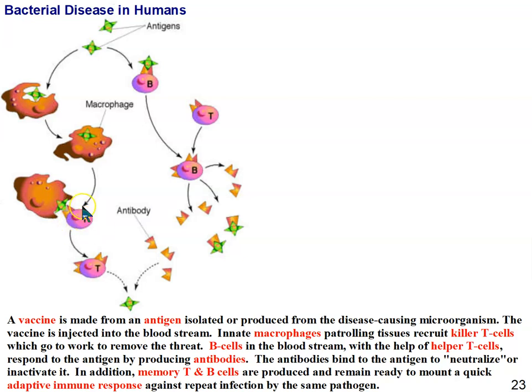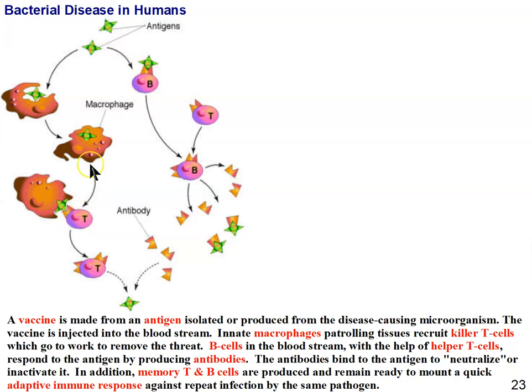On this side of the diagram, we're looking at killer T cells, but we also have helper T cells in the diagram over here. The killer T cells are called killer because they will, for example, in a viral infection, seek out and destroy the cells that have been infected by the virus. So they kill your cells. And that's where the symptoms come from.